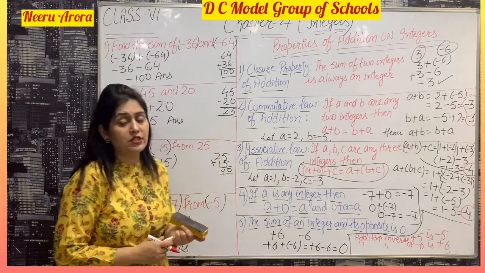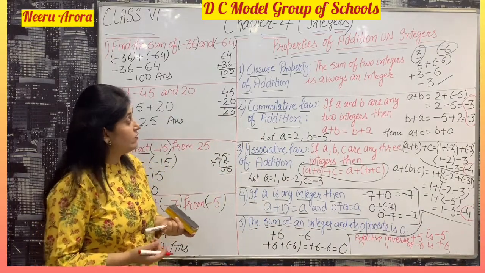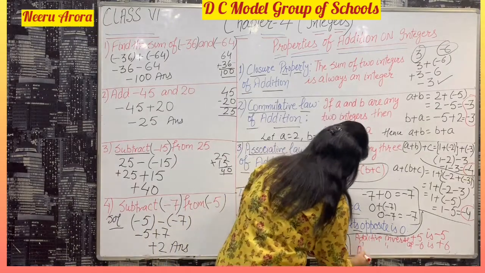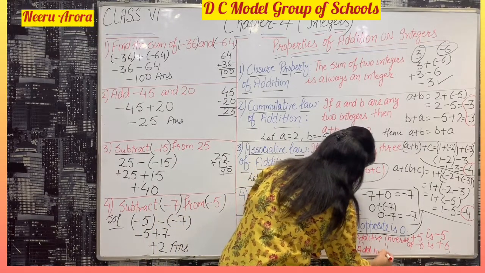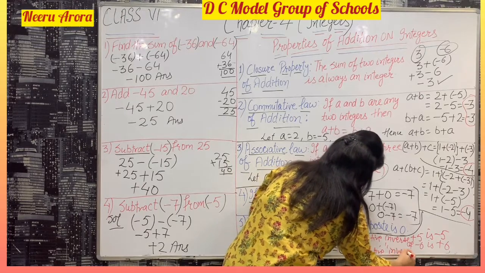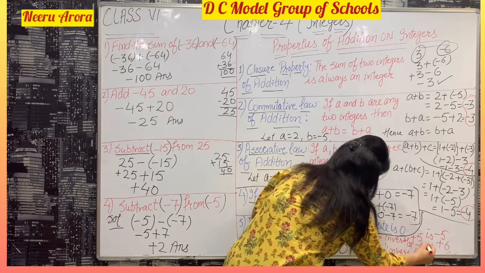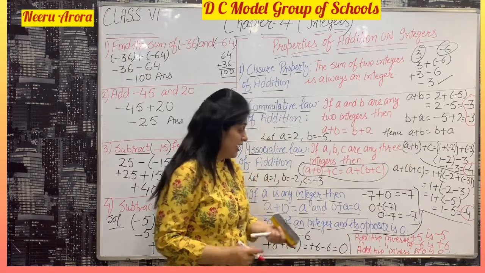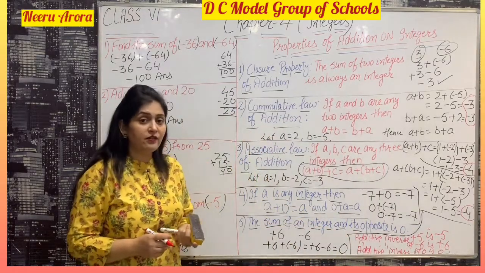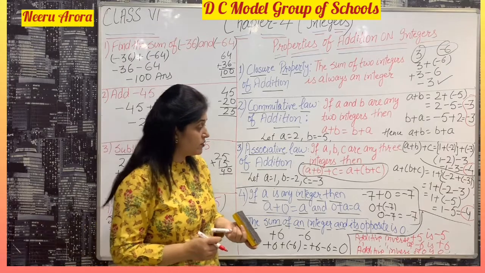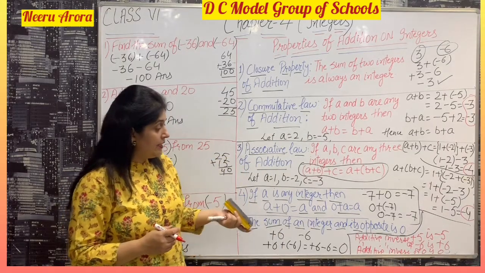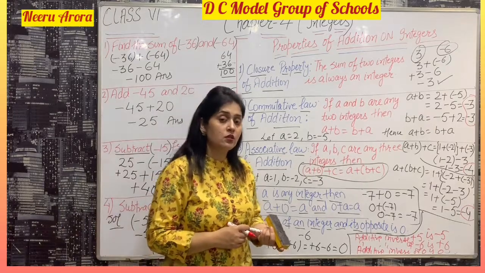It's just the opposite sign. And additive inverse of 0 is 0. So what is additive inverse? Additive inverse of a positive integer is a negative integer, additive inverse of a negative integer is a positive integer, and additive inverse of 0 is 0 only.